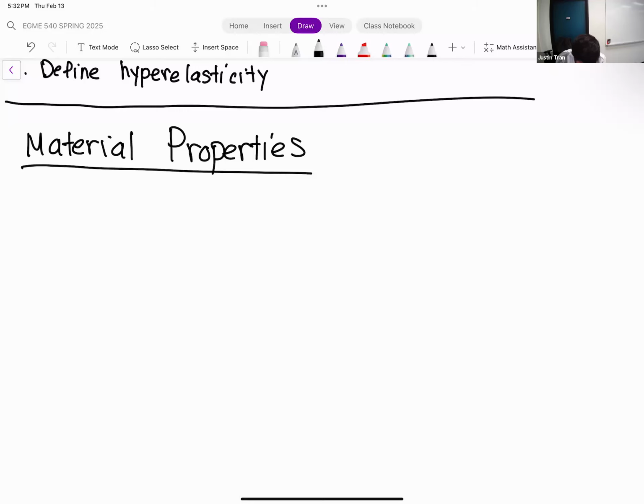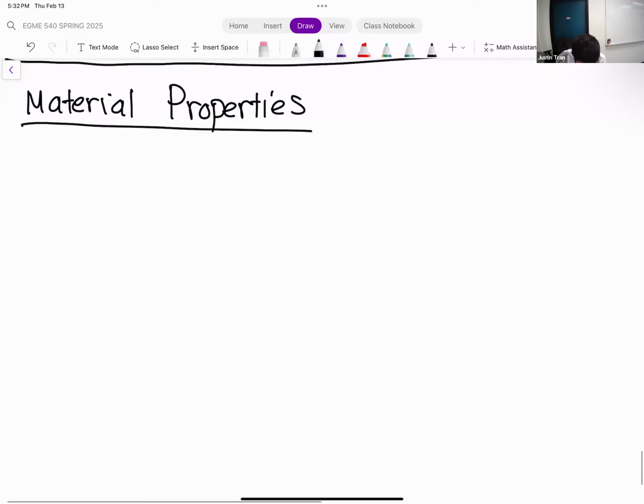So what are material properties? Material properties refer to the physical parameters of the material that affect how the material responds to physical forces.